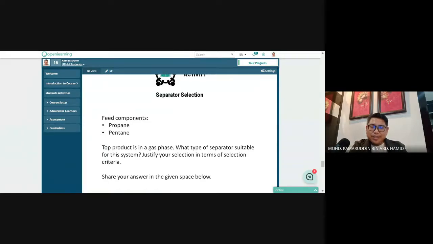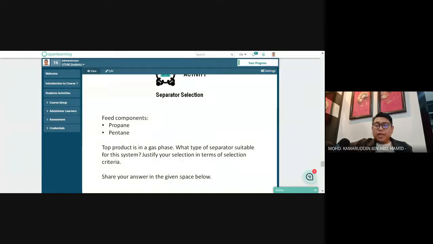So ada 3 sekarang ni. You ada flash, you ada absorber, then you ada reboil absorber. Then barulah you pergi tengok kepada another criteria. If you're talking about energy consumption ataupun energy efficiency, then you boleh tolak awal-awal reboil absorber sebab dia ada utility.